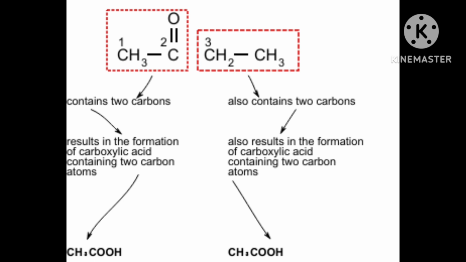Oxygen has valency 2, so when it is attached with a single bond to carbon, the other valency is attached with a single bond to hydrogen. That means C double bond O, and the other oxygen single bonded to C and attached to H. So RCHO will convert to RCOOH, and you will get carboxylic acid.